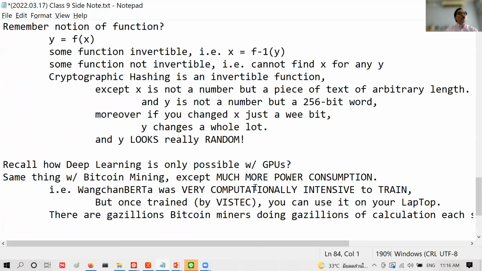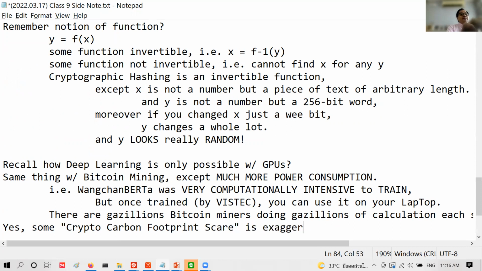Okay, so that's the difference. So yes, some of the crypto carbon footprint scare is exaggerated.